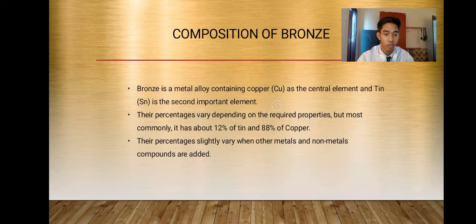Their percentage varies depending on the required properties, but most commonly it has about 20% of tin and 88% of copper. Their percentages slightly vary when other metals and non-metal compounds are added.